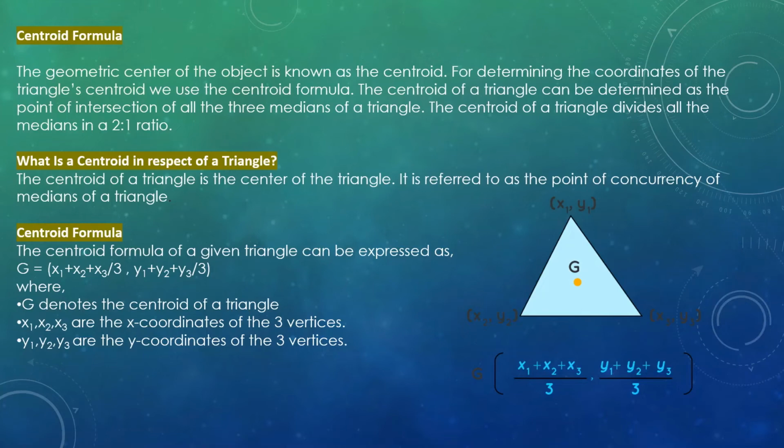Centroid formula: the centroid formula of a given triangle can be expressed as G equals (x1 plus x2 plus x3) upon 3 and (y1 plus y2 plus y3) upon 3, where G denotes the centroid of a triangle, x1, x2 and x3 are the x coordinates of the three vertices, y1, y2 and y3 are the y coordinates of the three vertices.